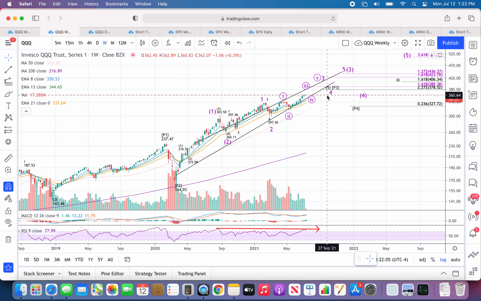And the question is when? Well, really, by what I'm counting under the wave progressions, it could be at any time. So in what I'm seeing under my black main count is we have the potential for a significant top that could occur within any time period between now and the close future.